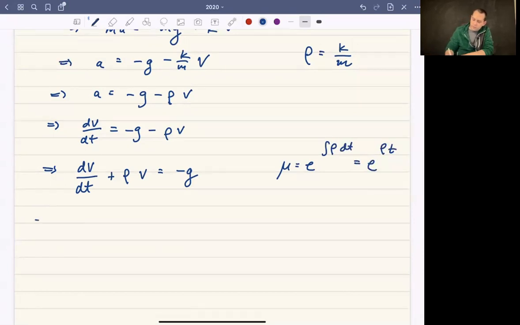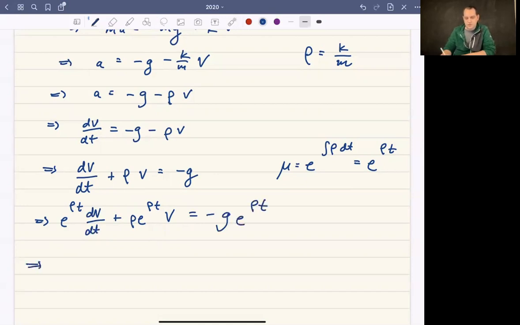If we multiply both sides by e to the rho t, we're going to end up with e to the rho t times dv dt plus rho e to the rho t times v. I forgot the dv dt before. That's equal to minus g e to the rho t.